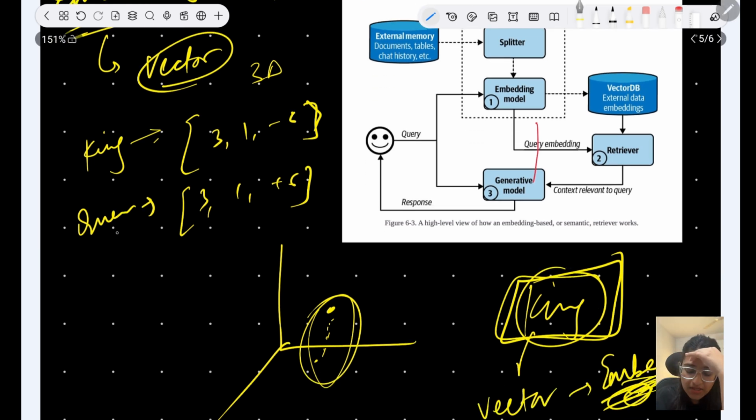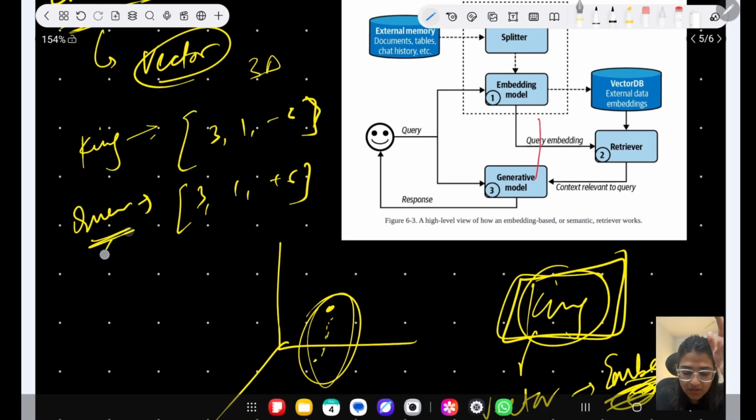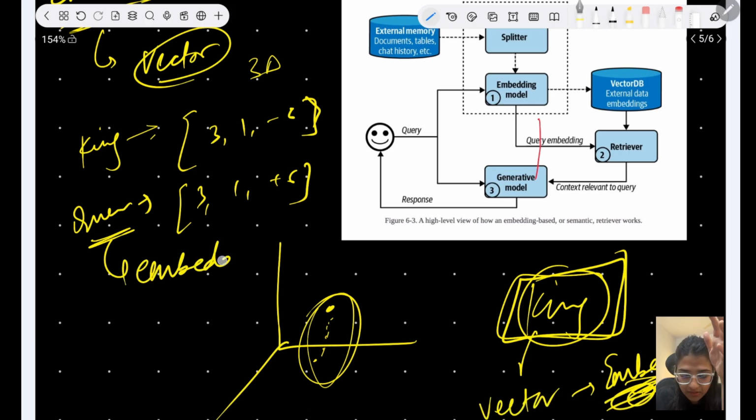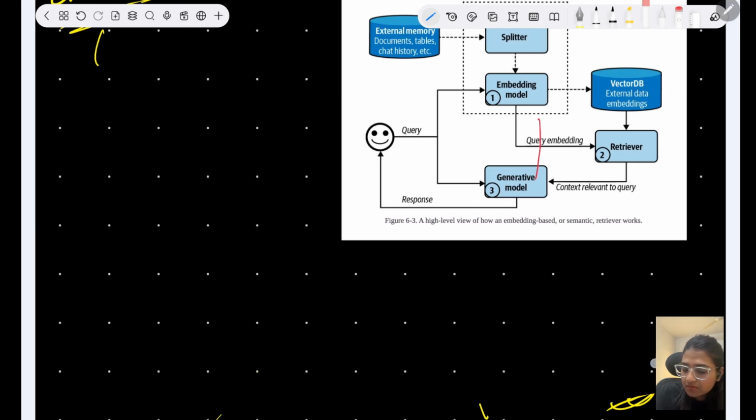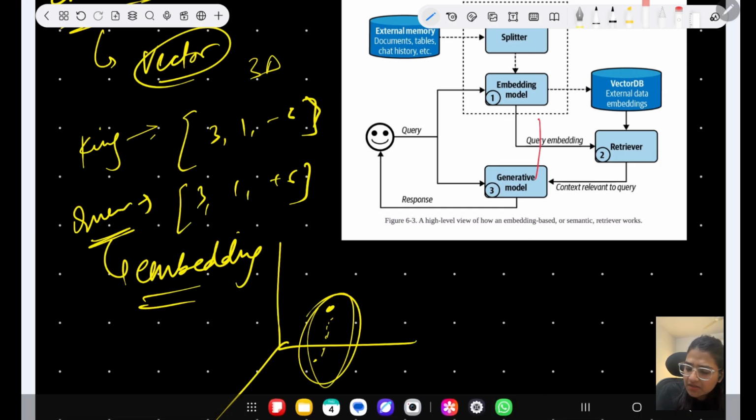So there is an algorithm that converts any word into an embedding vector. Okay, and if this embedding algorithm is bad, then obviously you cannot have a very good embedding based retrieval method. Okay, now let's talk about why do we have vector embeddings, vector based retrieval.